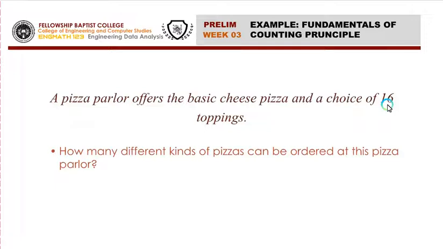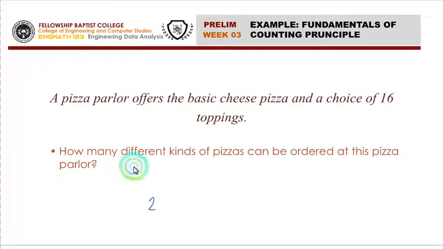This means the empty set is included, since the basic cheese pizza with no toppings is possible. So the number of different pizzas that can be ordered is 2 raised to the power of n. Since we have 16 possible choices, we have 2 raised to the power of 16.